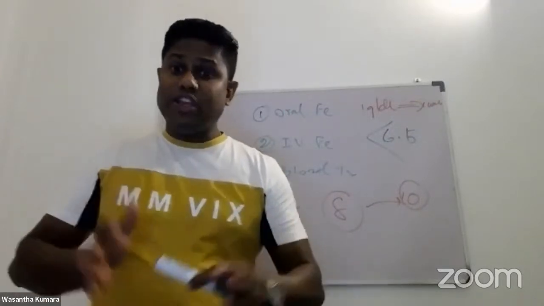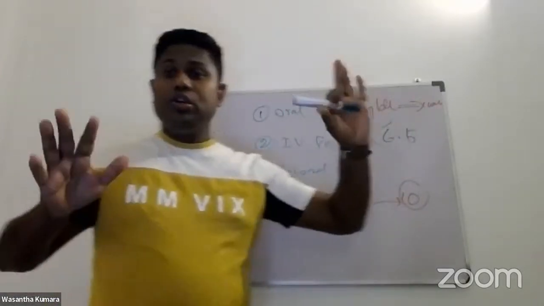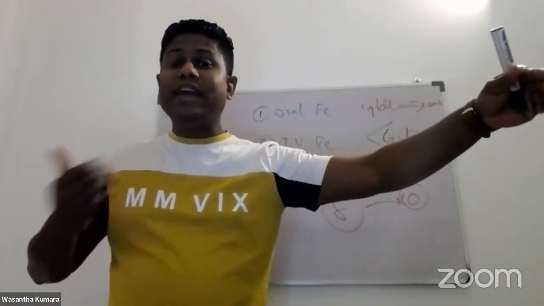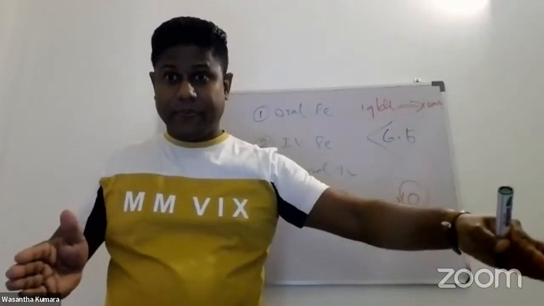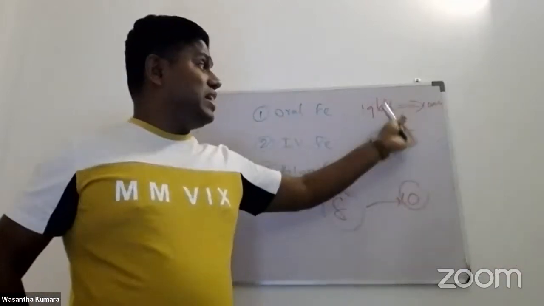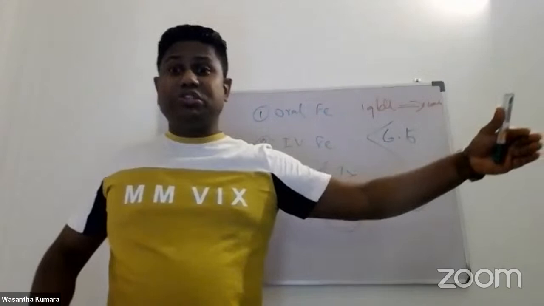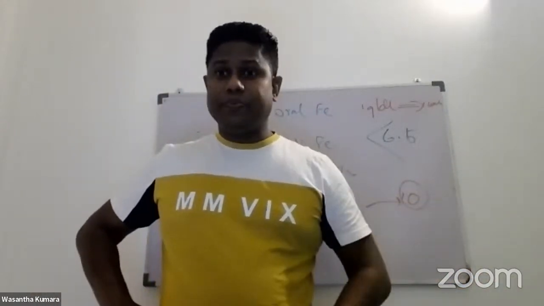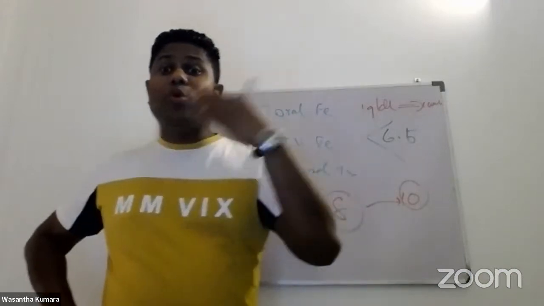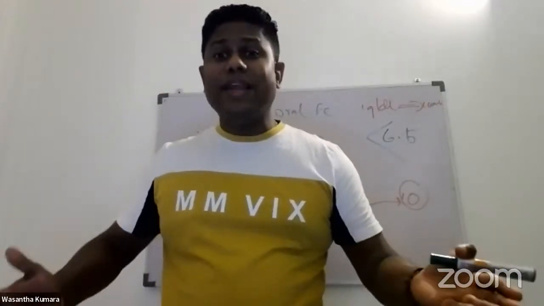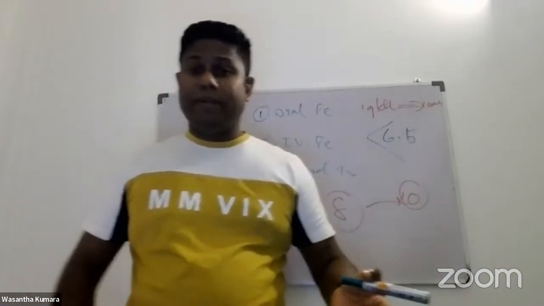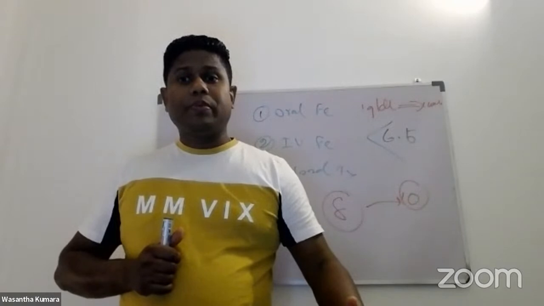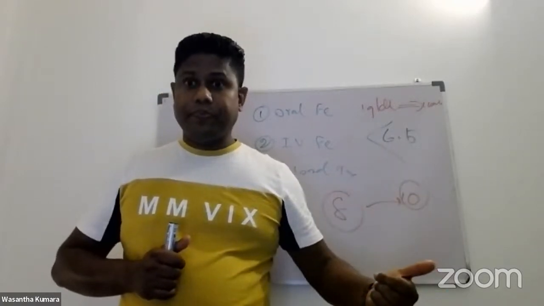If you have HbA1c of this much, you will have a safe pregnancy and the complications of diabetes will be minimal. Whereas if your HbA1c level is high, you can say it's not good to have a pregnancy. You may have all these complications in the near future. If the HbA1c level is more than 10, it's almost contraindicated for pregnancy because of the complications. So likewise, you can predict complications by doing HbA1c.